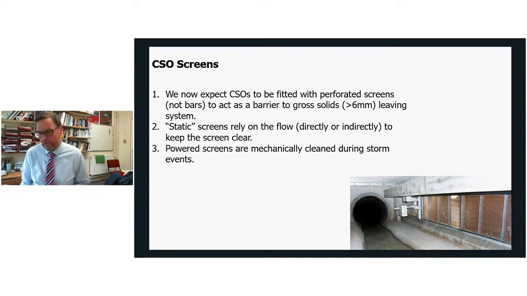In the picture here in the bottom right, we've got the weir wall along there, flow going up and over that is going off to the river, but to get to the river it has to go through that mesh, and that mesh forms the function of the screen, and that will stop those larger particles getting through. Not quite sure how it works, but it looks like there's some sort of device here which will keep that screen clear.